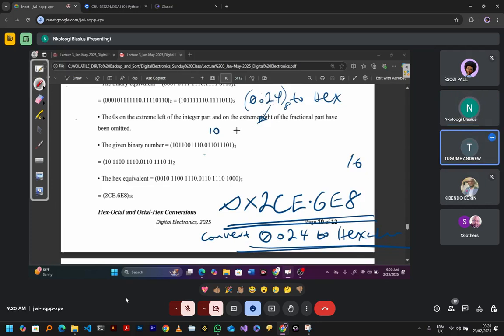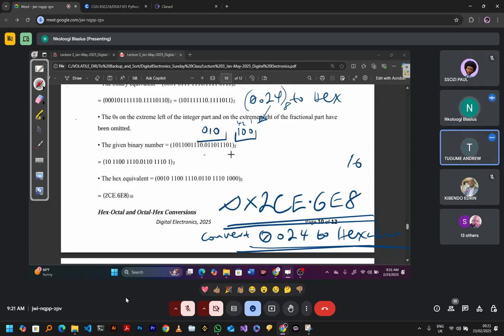Yes. And 4 is what? 4 is 1 0 0. Sure. Okay. So group them in threes. You add the 0. So you have this, okay? Yes, add the 0.